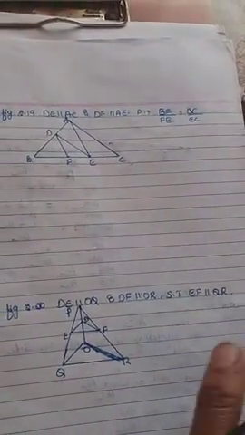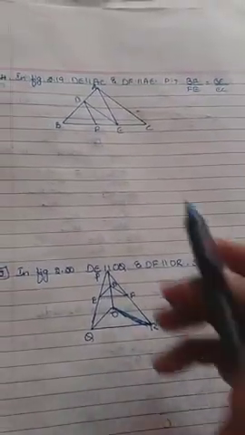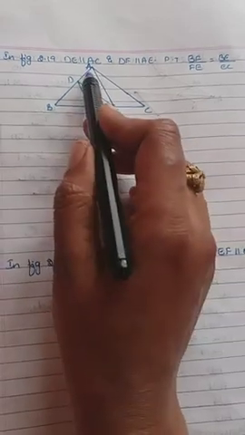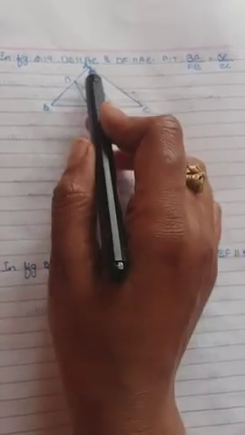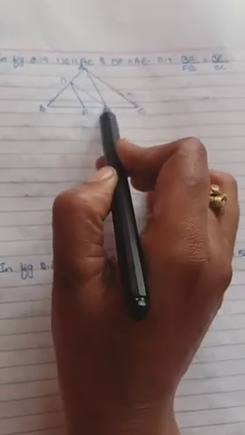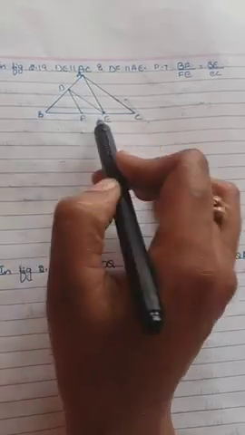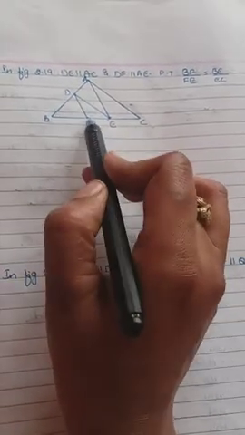BE divided by EC. So let us take what they have given in a triangle. First we have to take triangle ABC, then triangle ABE. For ABC and ABE they have given an intersecting line. For ABC the intersecting line will be DE, and for ABE the intersecting line will be DF.